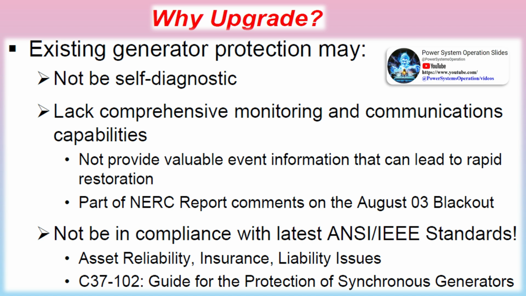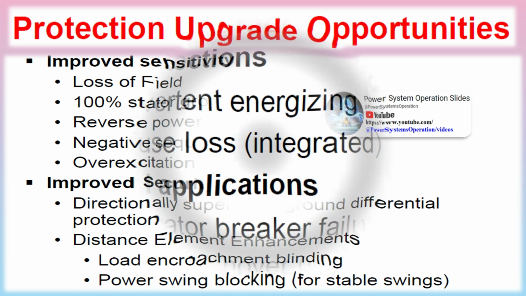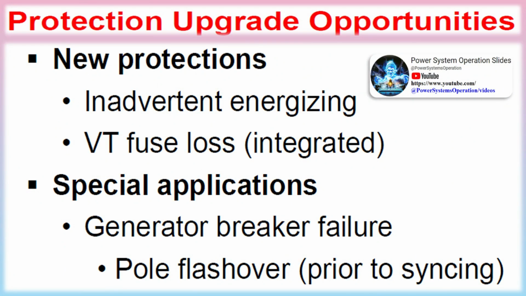Why upgrade? Existing generator protection may require frequent and expensive maintenance, cause coordination issues with plant control, excitation, and turbine control, trip on through faults, external faults, stable power swings, load encroachment and energizing, not follow NERC PRC standards for protection and control. Exhibit insensitivity to certain abnormal operating conditions and fault types.